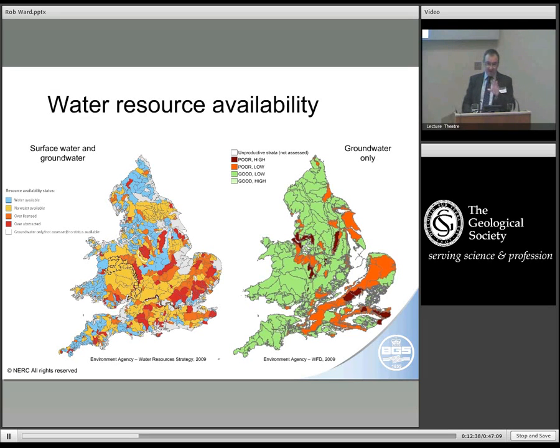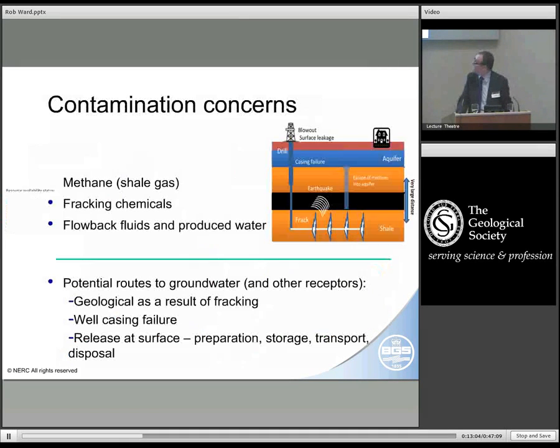So that is failing to achieve their environmental objectives, and that is principally because of those areas being where abstraction exceeds the long-term available recharge in the aquifer, and therefore putting pressure on the environment. So it really just puts that in context in terms of water demand. For shale gas, the amount of water is relatively small compared to other things, but we have to see that in the context of the wider water management system.